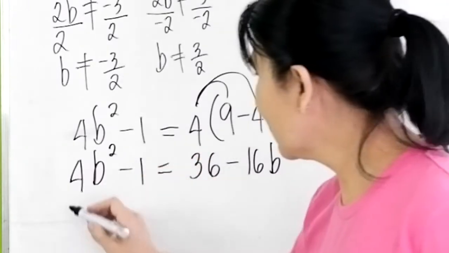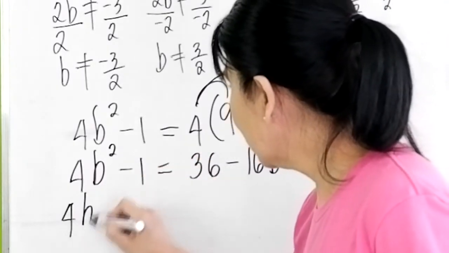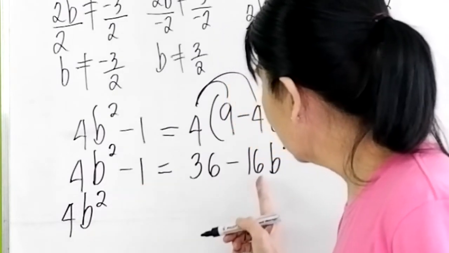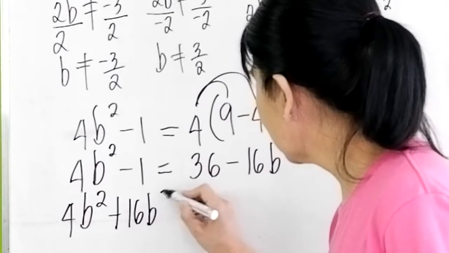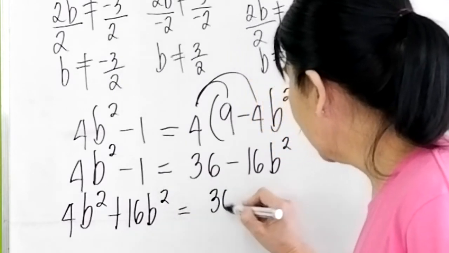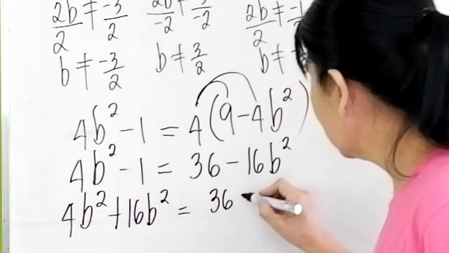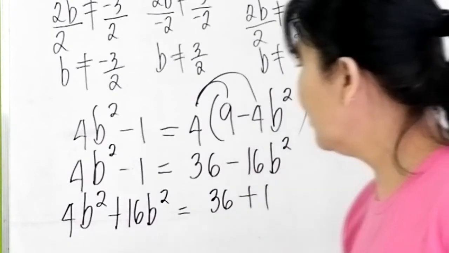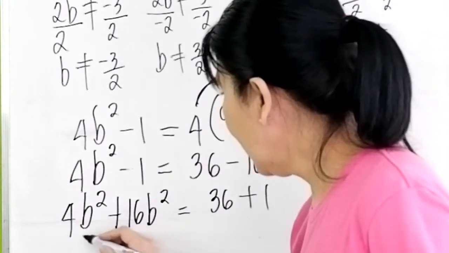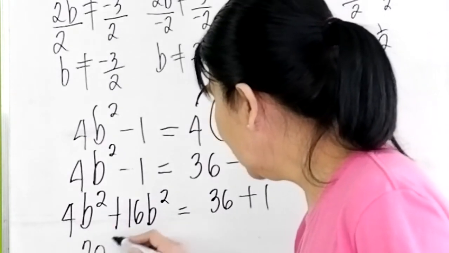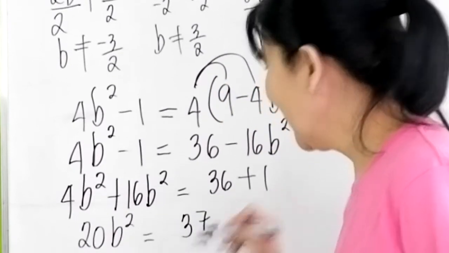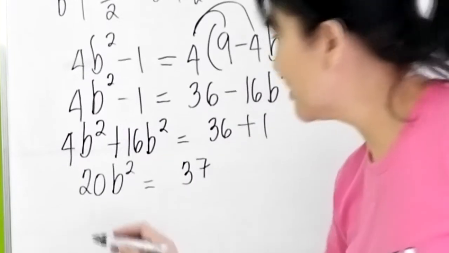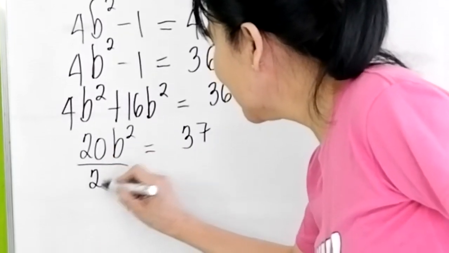Combine like terms. So transpose negative 16b squared to the other side. You will be getting 16b squared equals 36. Transpose negative 1, that is positive 1. Add this, you get 20b squared equals 37. Then you divide both sides by 20.